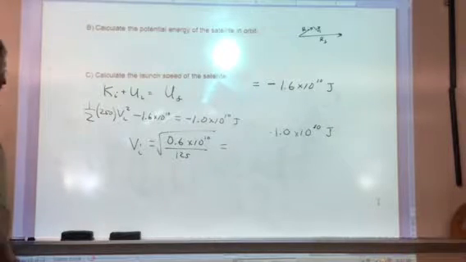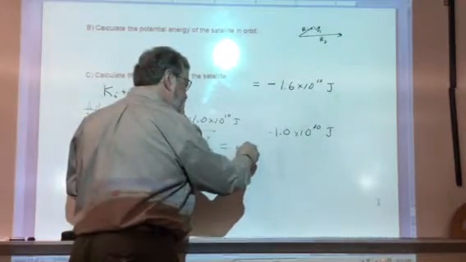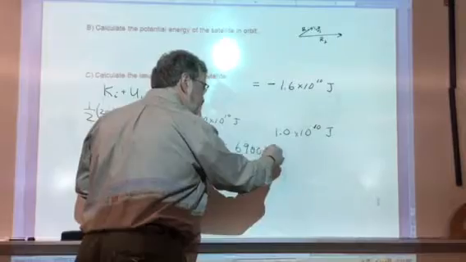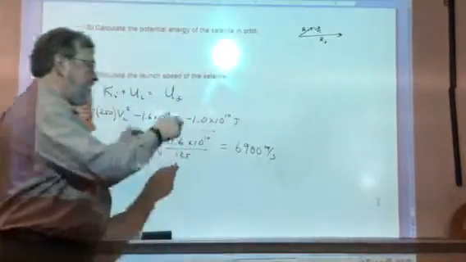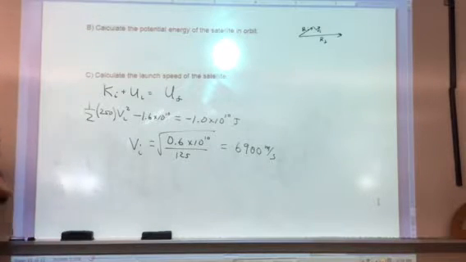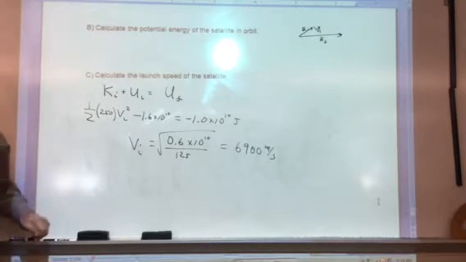Again, it should be probably thousands of meters per second. 6,900, so 6,900, and then you put meters per second at the end. So again, the mathematics might be easier to do step by step this way than the other way, but either way works as long as you set it up correctly.